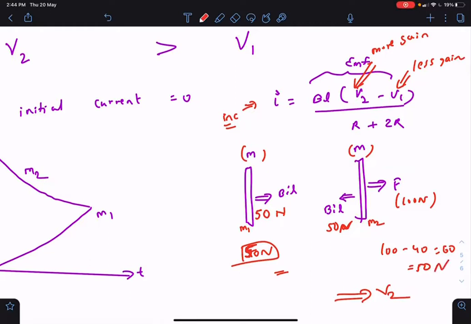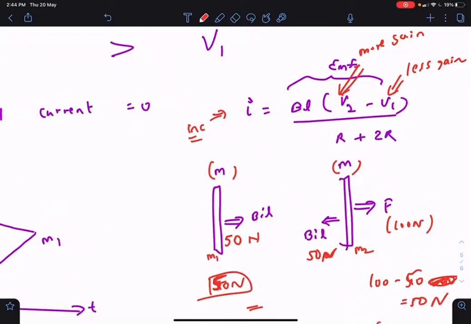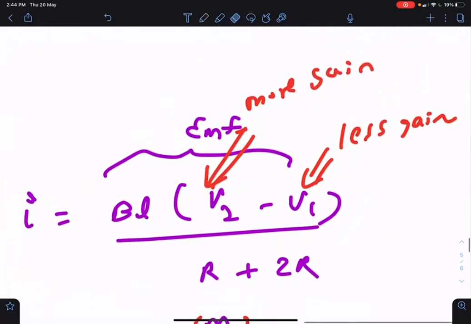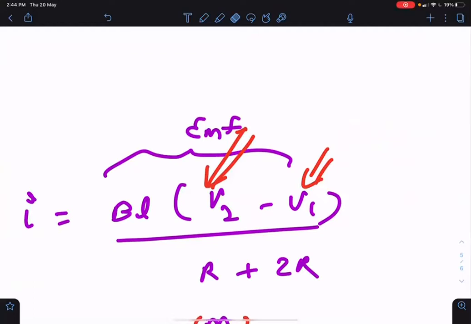So the force is the same, 50 Newton, because BIL is 50. So if the same force is there, then the same acceleration.